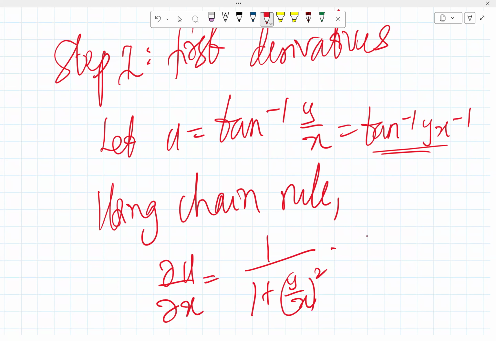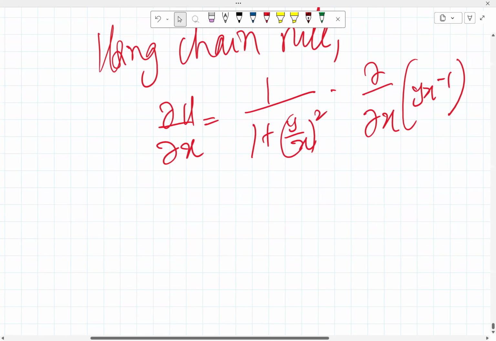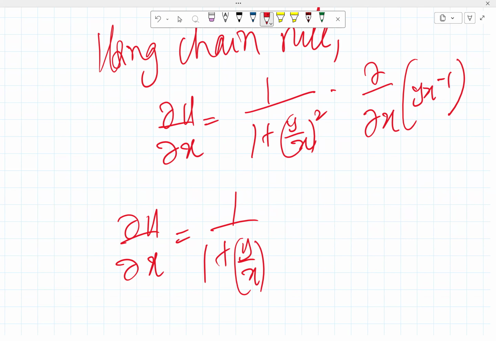And then you have the derivative d/dx of y over x, d/dx of yx raised by minus 1. That's why I wrote this one like this. So you have partial u partial x to now be 1 over 1 plus y over x all squared.